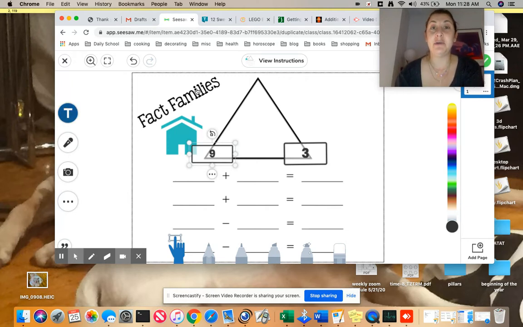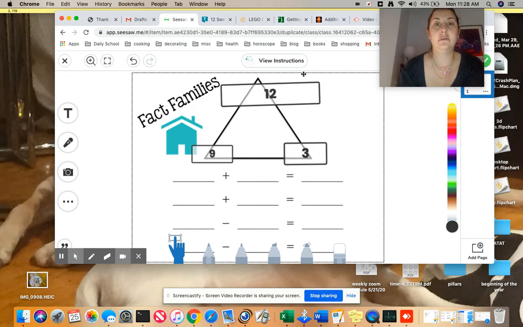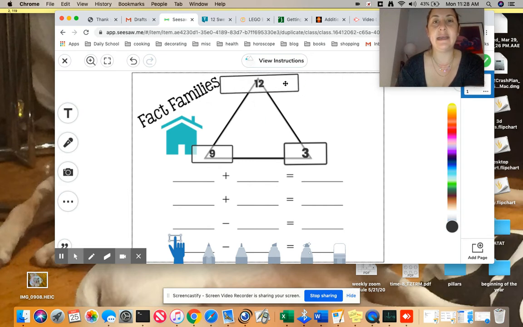My total number is 12, and that is what's going to be at the top of my triangle. Okay, so now I have my fact family, 9, 3, and 12. I have my two parts, 9 and 3, and I have my total, 12.